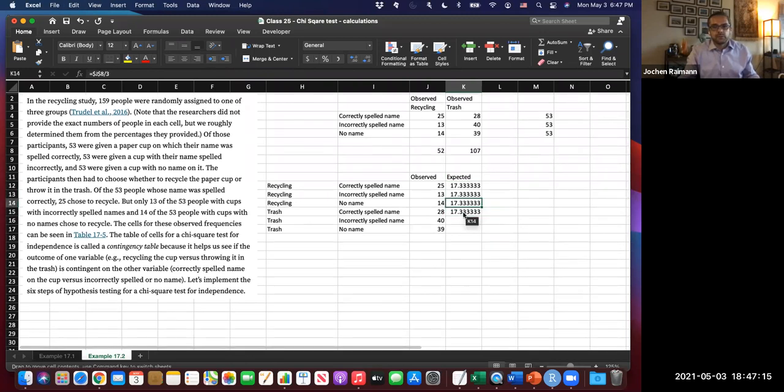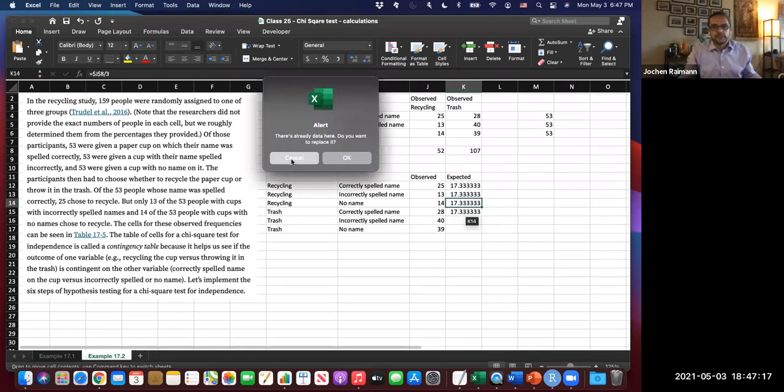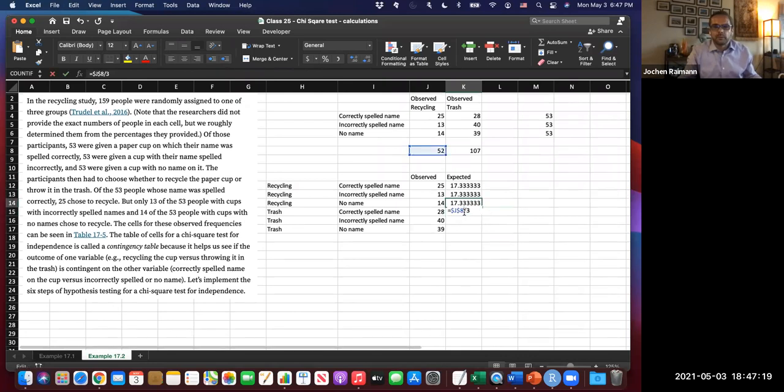So if we want to do the same for the other group, we need to do 52 divided by 3, which gives us 35.67. So this being said, we have now here our expected.